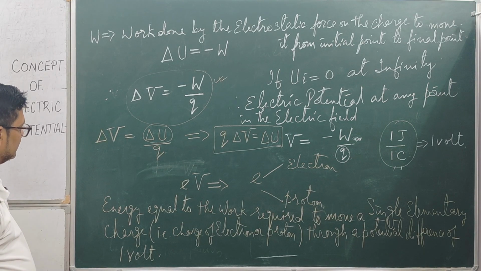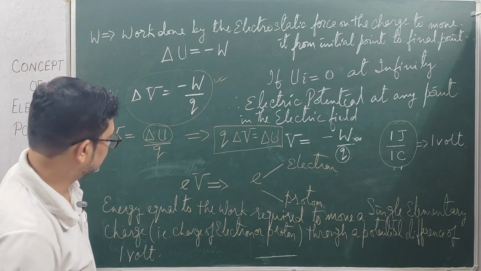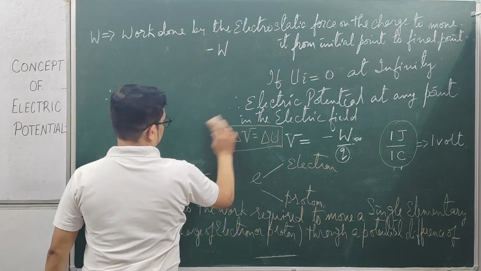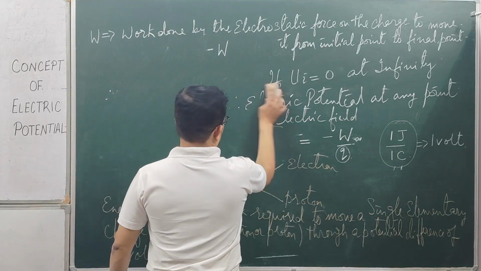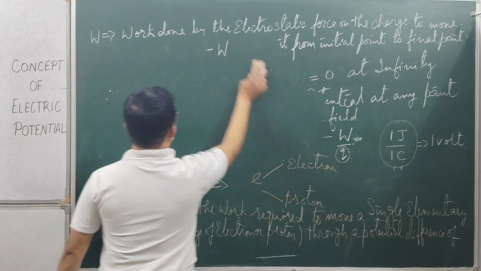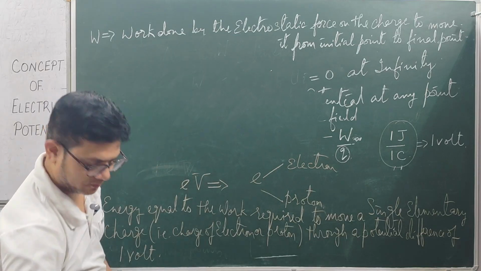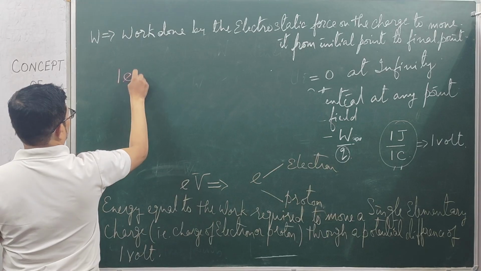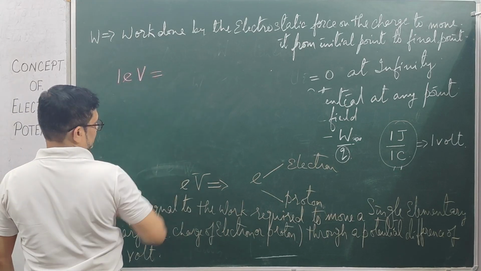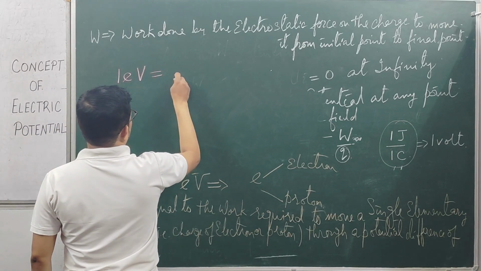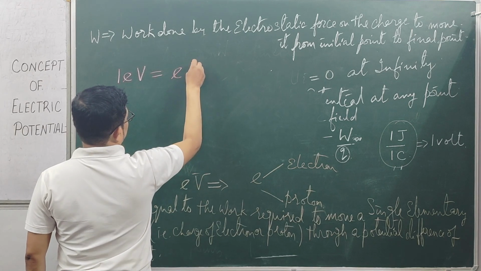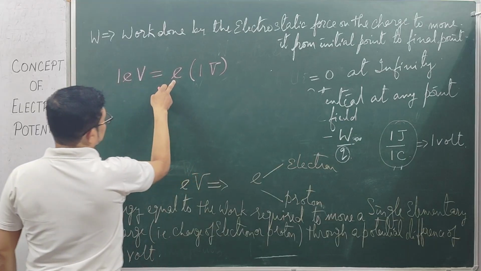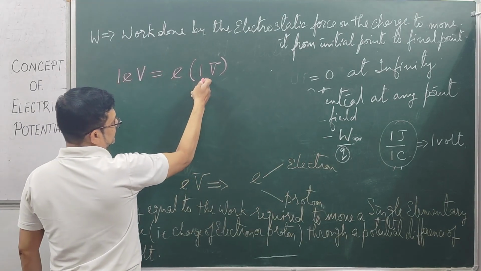So what we are saying is that 1 electron volt is equal to the elementary charge times 1 volt. This is the charge and this is the potential difference.